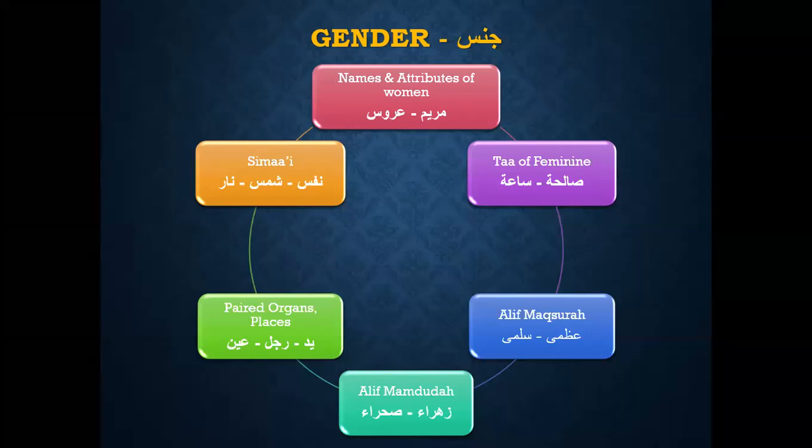And likewise, some are simai. The way Arabs use it, they use it as feminine. Nafs, for example, means soul, is a feminine word. Shams, the sun, is feminine in Arabic. Nar, fire, is feminine. There are many like that. There's no rule for those. It's just that the Arabs use it as feminine.